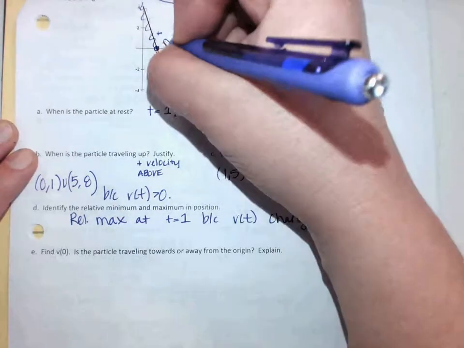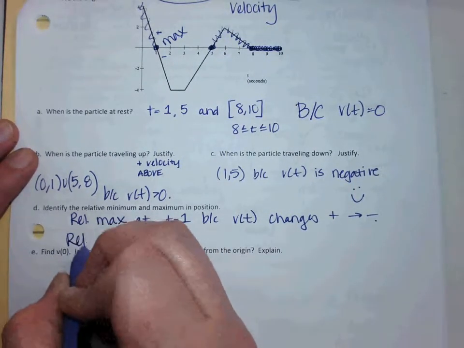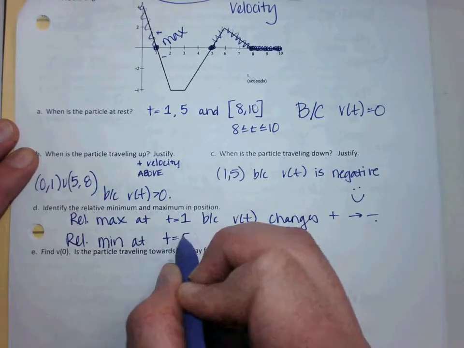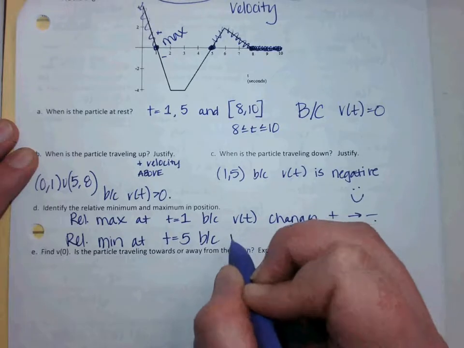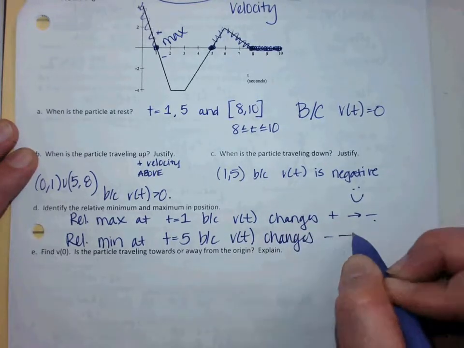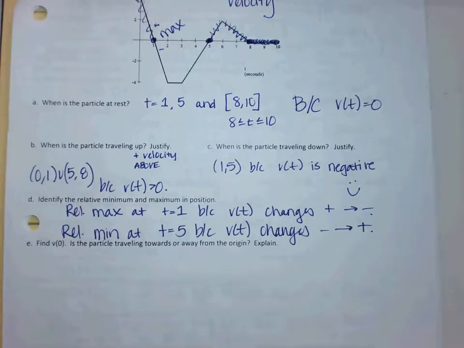That makes it a max. What happens at 5? Relative min, at t equals 5 because velocity changes negative to positive. But notice the only difference from what we did last week to what we're doing now is instead of calling it f prime, we're calling it velocity because velocity is the derivative of position.